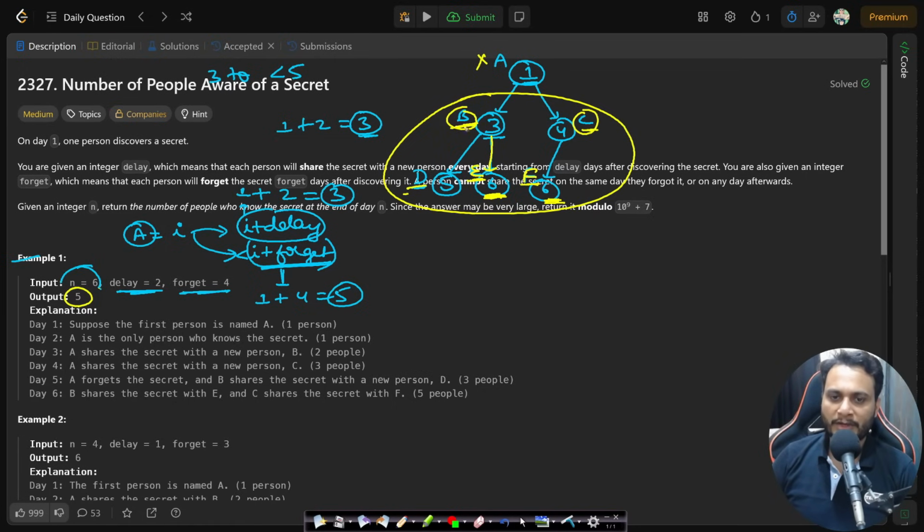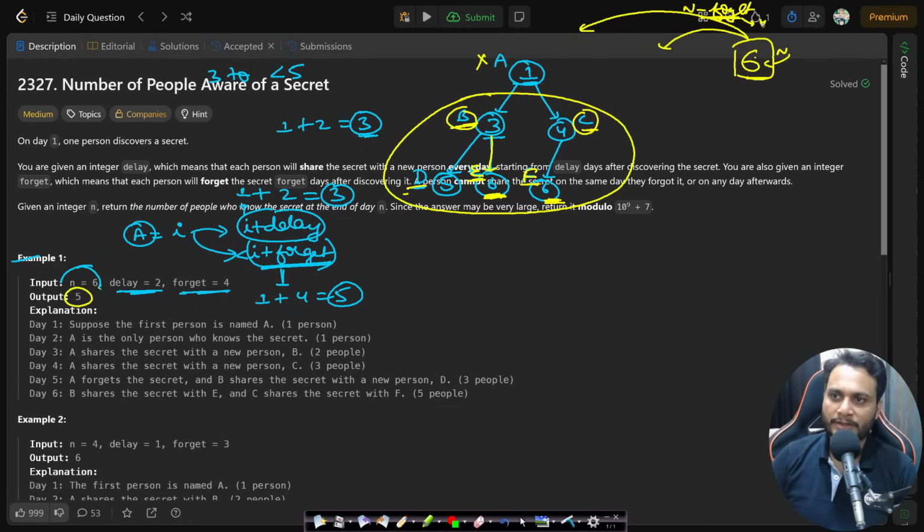If you think about why B is included, then you should also think about this day 6: what will be the period in which people will be knowing about the secret? So on day 6, if somebody knows about the secret, then they will be forgetting about the secret only on n minus forget day. So what is n minus forget? The n value is 6, the forget value is 4.